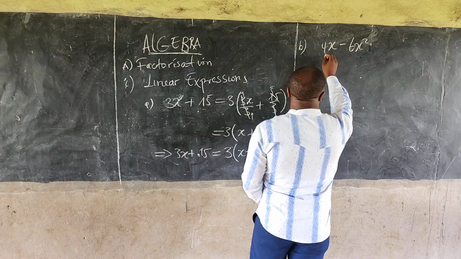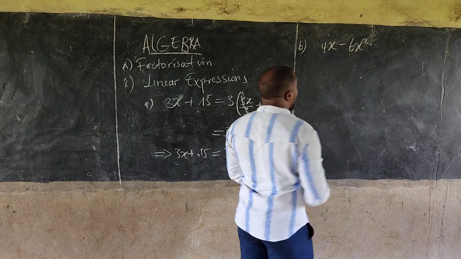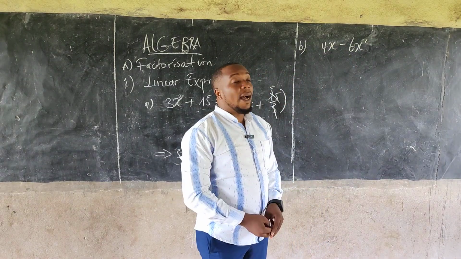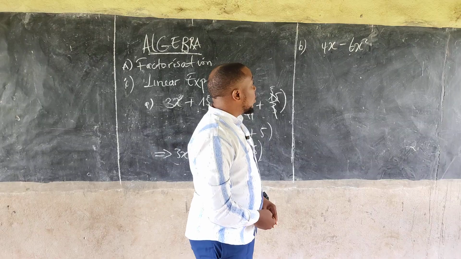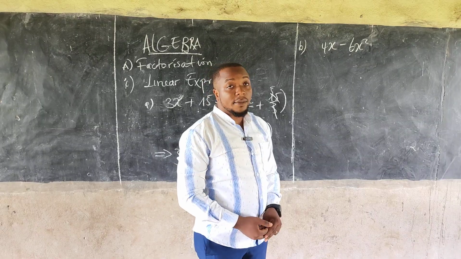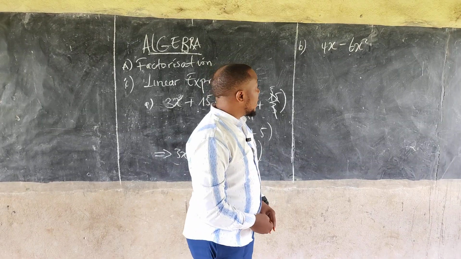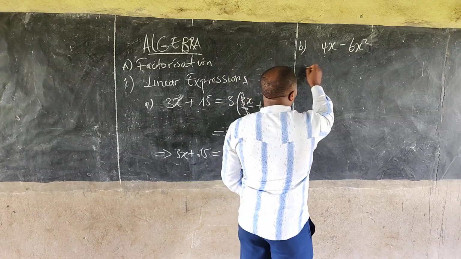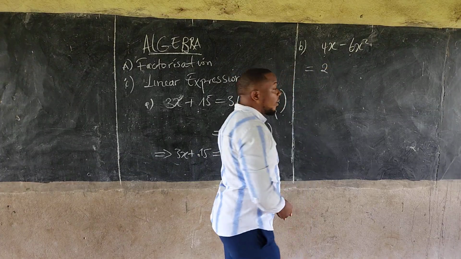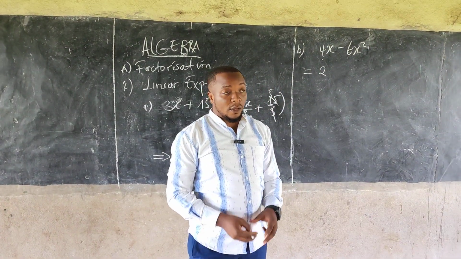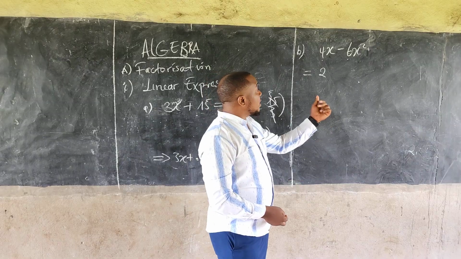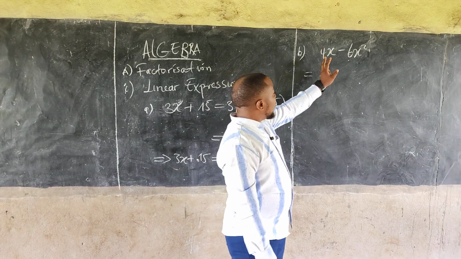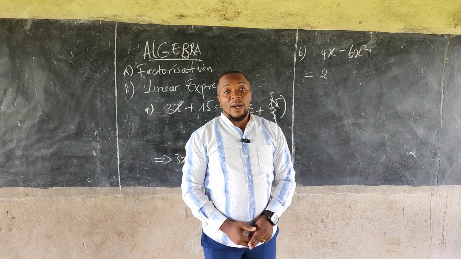So we are going to look at 4 and 6, which are the coefficients. What is the highest common factor of 4 and 6? Which clearly it is 2. So we are going to have 2. That's the highest common factor of the coefficients. And the next thing we'll be looking at is, is it possible for us to have a common variable?